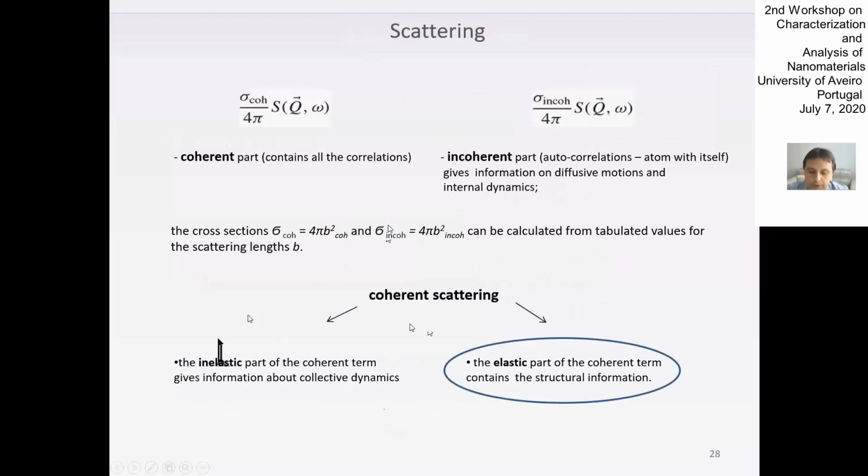Coherent means the momentum is conserved during this interaction, and not only the coherent part, because we have a coherent part of the interaction and an incoherent one. It's also useful for other kinds of experiments.